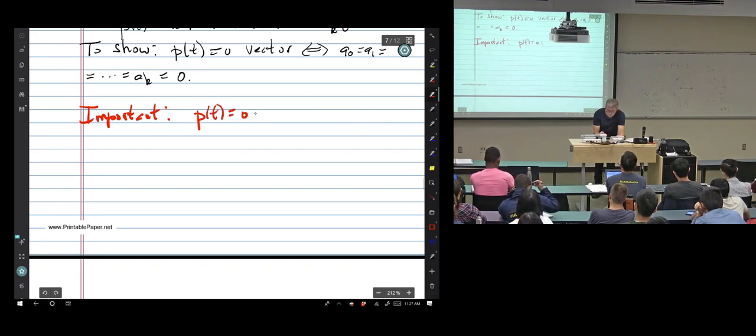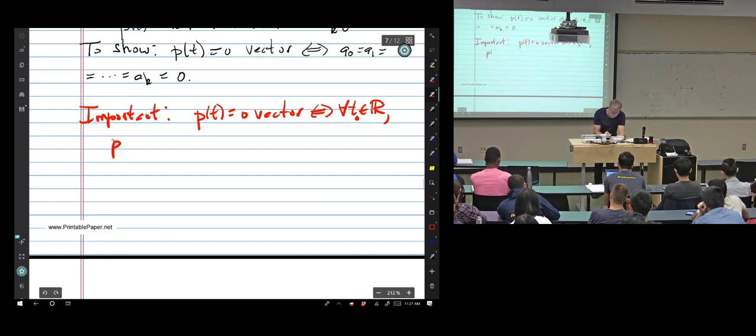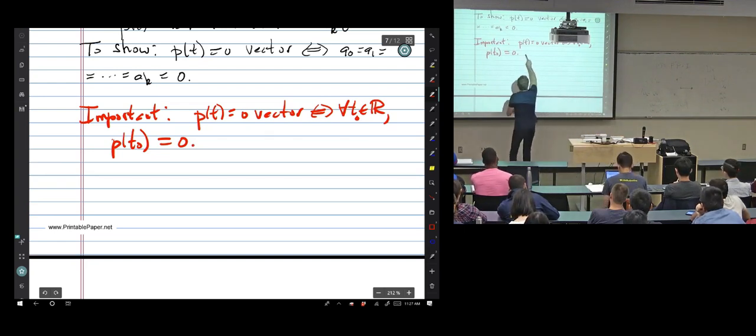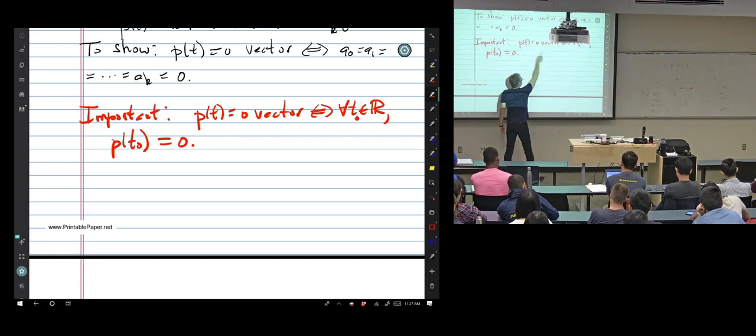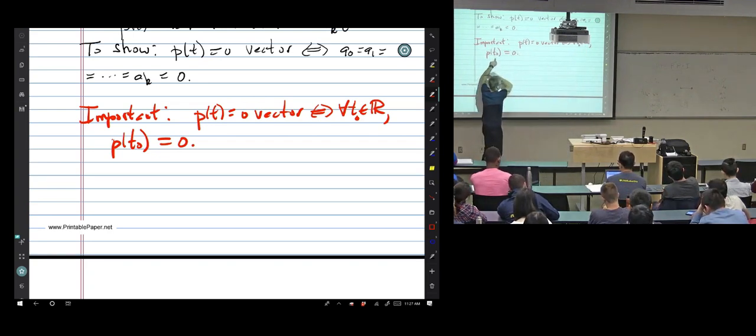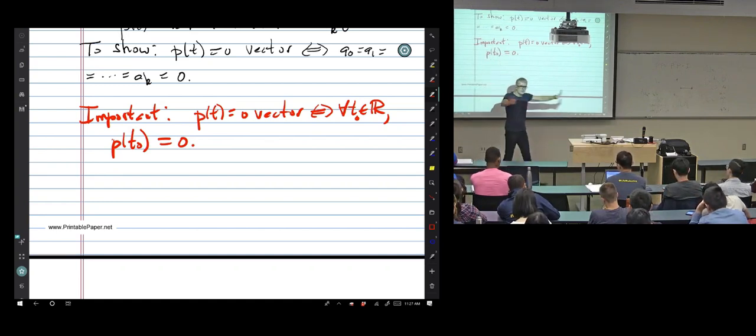P of t is the 0 vector if and only if for every point t in R, let me call that t0, so you think about that as a fixed value, I get the 0 number in R, okay? So this is t, a general argument. This is now a fixed value in its domain. I search over all of them. When I evaluate the polynomial, I should get 0. It's identically 0.